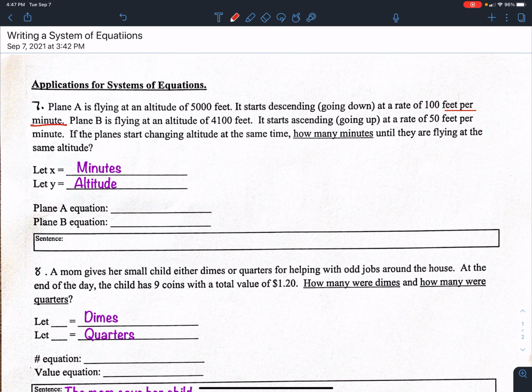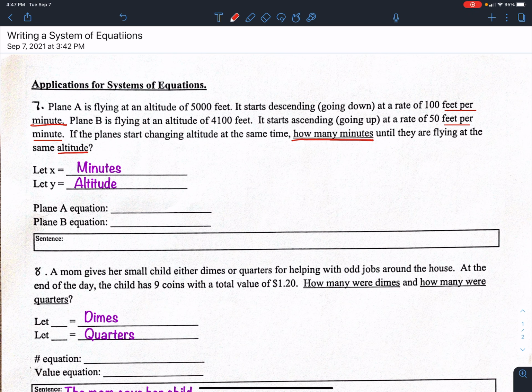It starts ascending, which is going up, at a rate of 50 feet per minute. If the planes start changing altitude at the same time, how many minutes until they are flying at the same altitude? So we are looking for minutes, and their total is going to be the altitude.